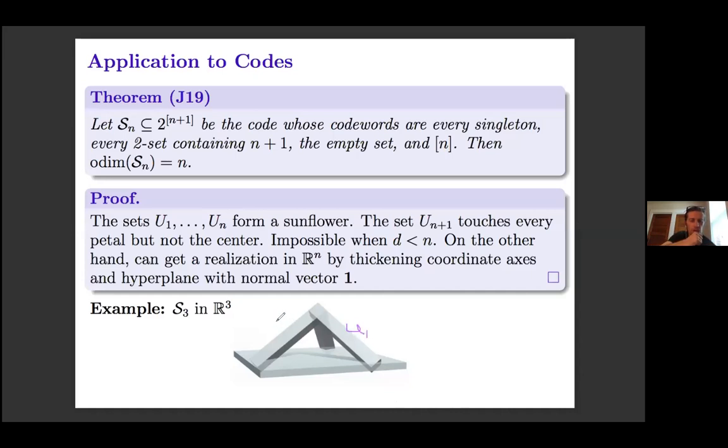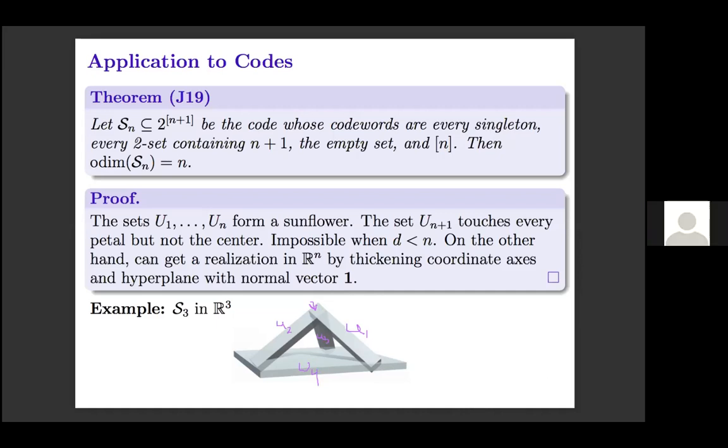Yeah, pardon my handwriting on this touchpad, but the sets U1, U2, and U3 are these three arms coming off the top, and then Un plus 1, so U4 in this case, would be the bottom one. And then you say the code words are every singleton, every two set containing n plus 1. Oh, I see, and n. So that is saying that 1, 2, and 3 intersect. Gotcha. Yeah, so 1, 2, and 3 are intersecting up here. That's where that is. I'm with you. Thank you.